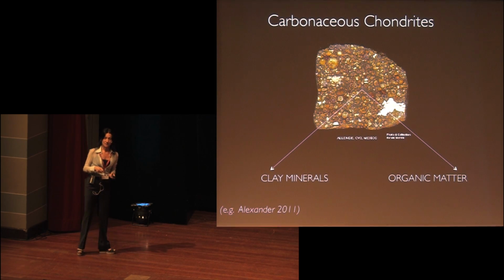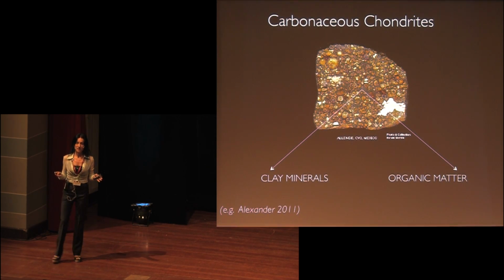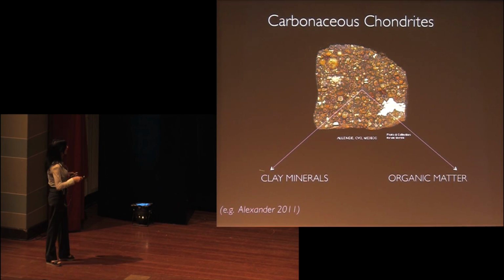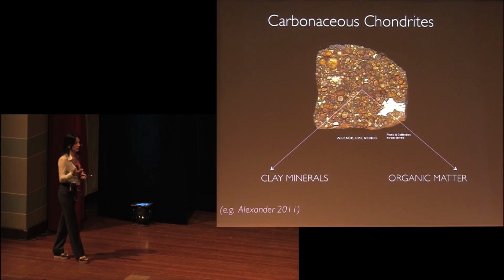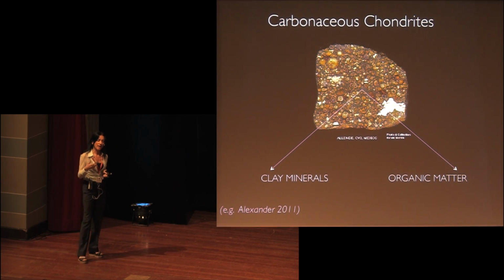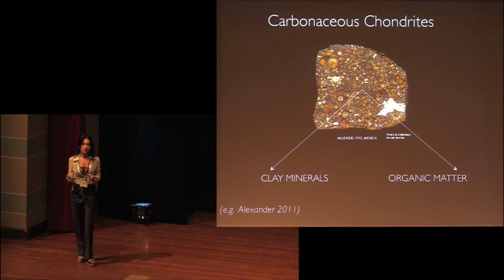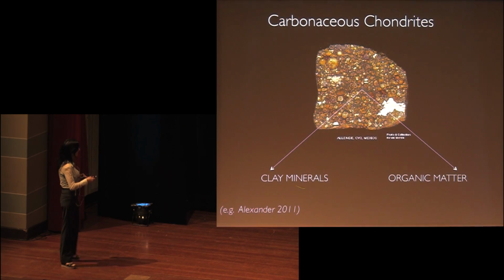This matrix can be roughly divided in 2 parts. One are clay minerals, so hydrous minerals that have basically formed and experienced some liquid water, but they are minerals. And on the other side, we have organic matter.